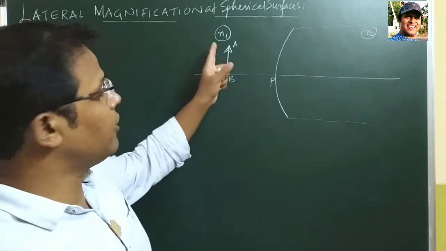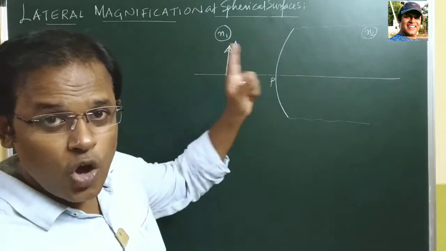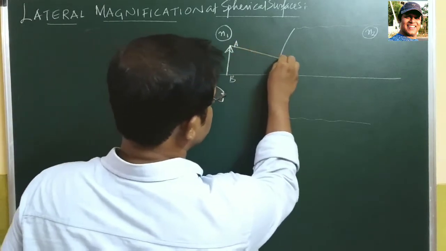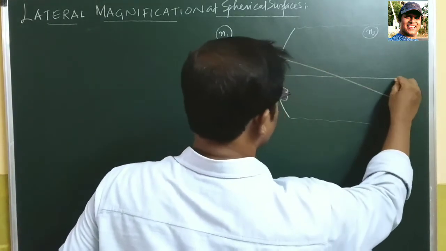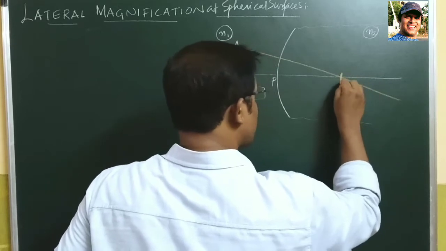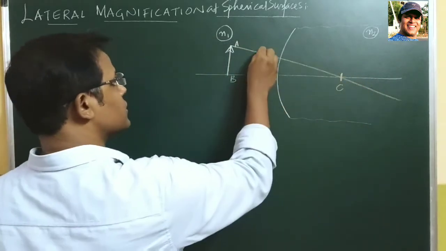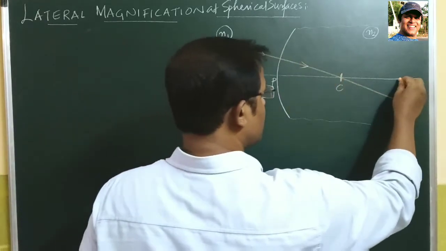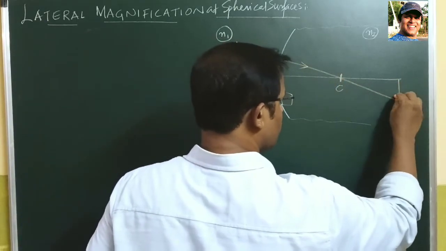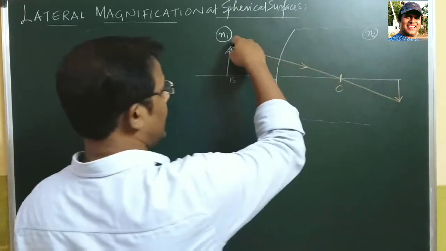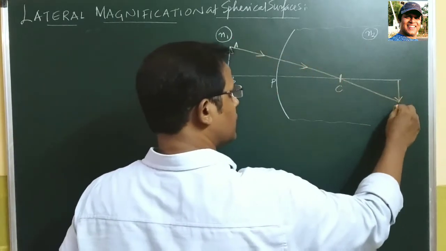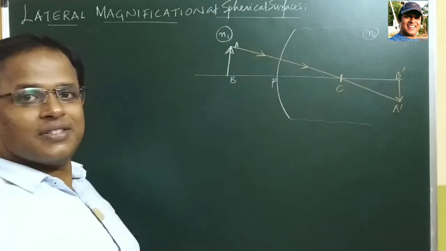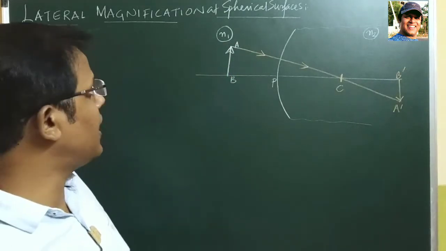So let us choose a ray of light which is incident normally on the refracting surface. So let us say this is the ray, and here we go. This has to pass through the center of curvature because it's a case of normal incidence. Right, it passes through, hence for the tip of the object's head, A, the image is formed over here. This is called A dash, this is your B dash. That's it. Very easy to identify.